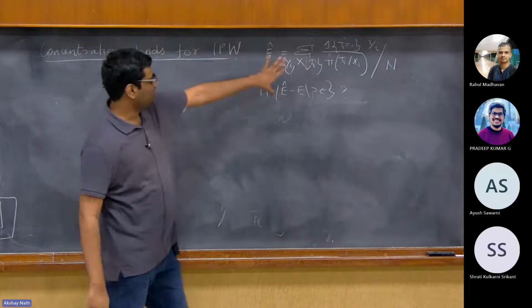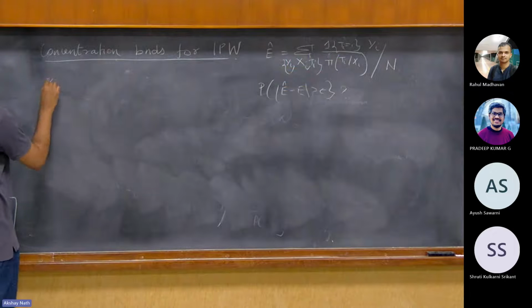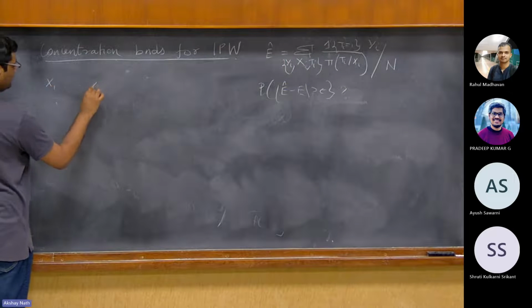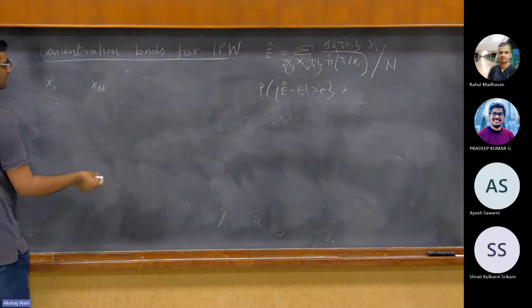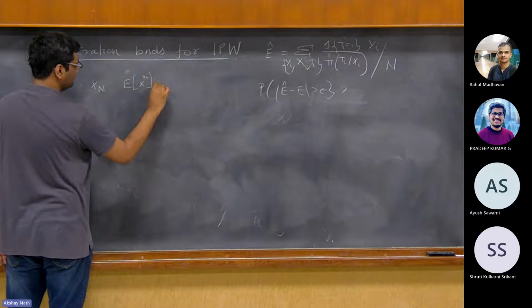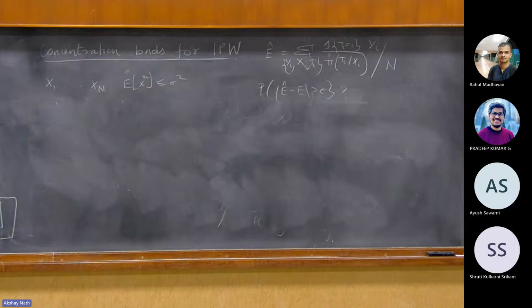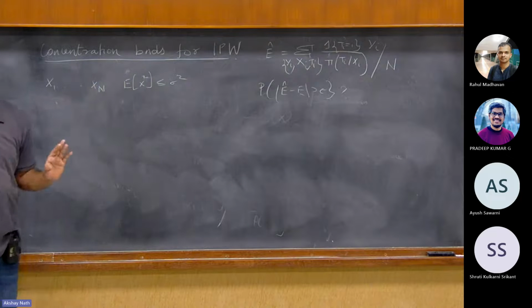So let's simplify this. All that matters is that you have IID samples x1 till xn, and the expected value of x squared is less than sigma squared. That's all I know. I have n samples. There's nothing else that's known about this distribution.